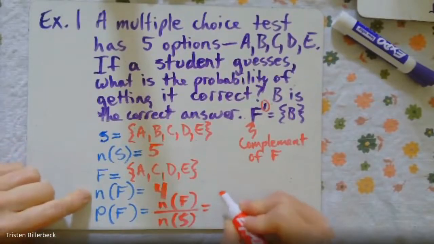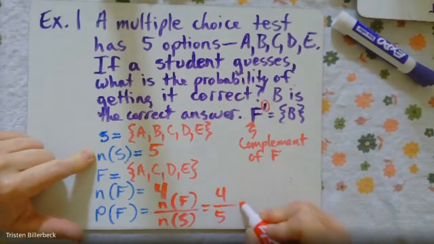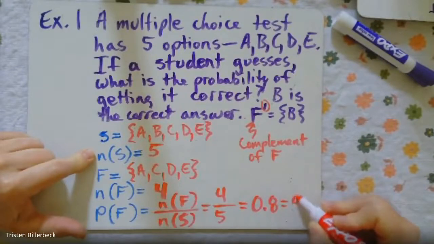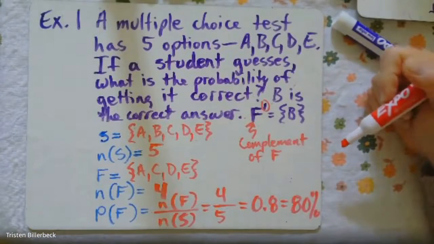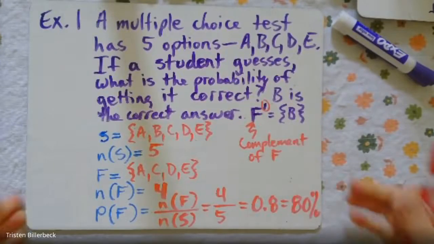So N of F is 4 and N of S is 5. So that gives us a 0.8 or 80% likelihood that should we guess, we will not get the right answer. So we should probably study.